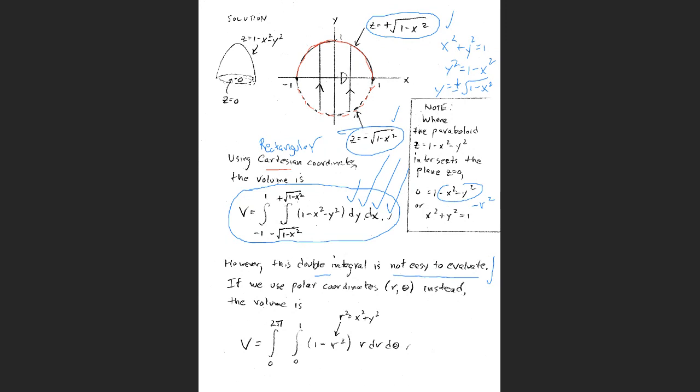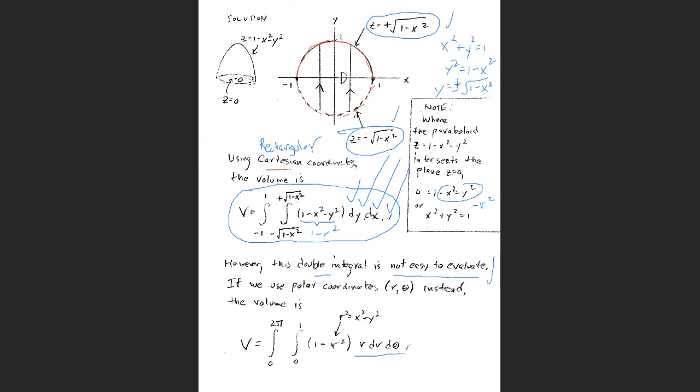So what we're going to do is use polar coordinates instead. This here, 1 minus x squared minus y squared, is the same as 1 minus r squared. And then I use r d theta.